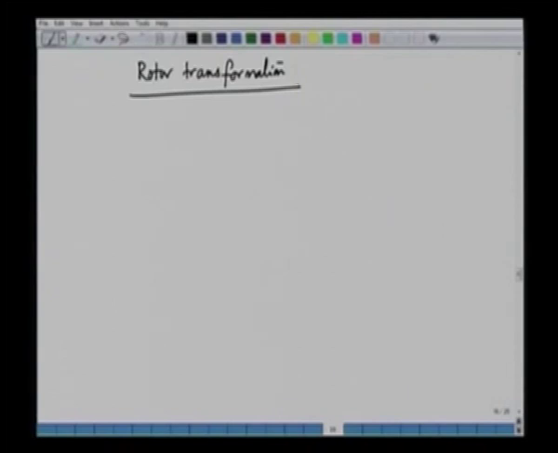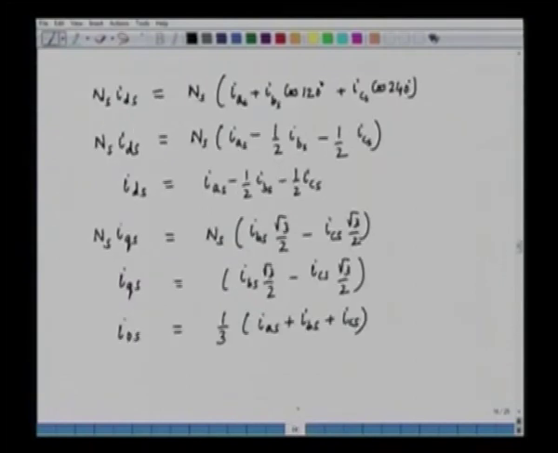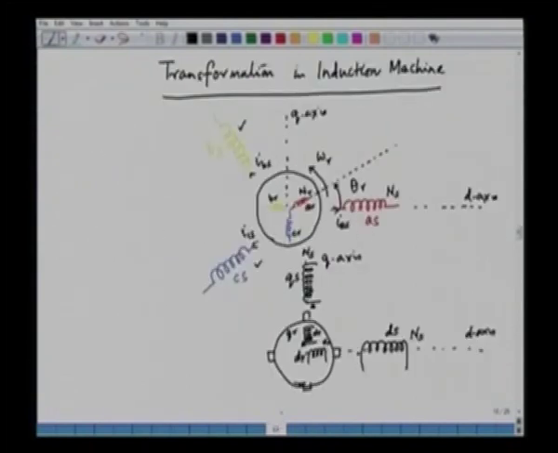If you see, we are transforming this AR, BR, CR to DR and QR. Again, the rotor is also transformed into a 2-axis model. So, we have to project the MMFs in the D and Q axis respectively and find out the DQ current for the rotors as well, as we have done for the stator. So, let us see how it comes out.